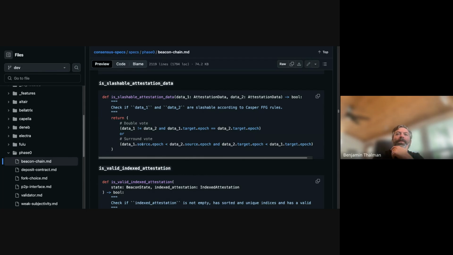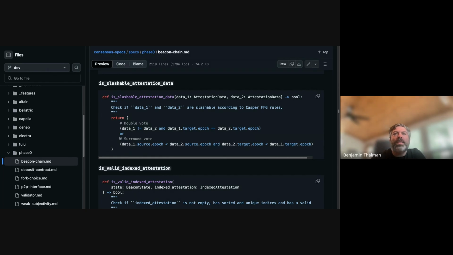So here what we're saying is that for data 2, or attestation 2, the source and the target are completely surrounded by attestation 1. And one other thing I should mention: source comes before target. There's this link that's created when you have a source and a target.